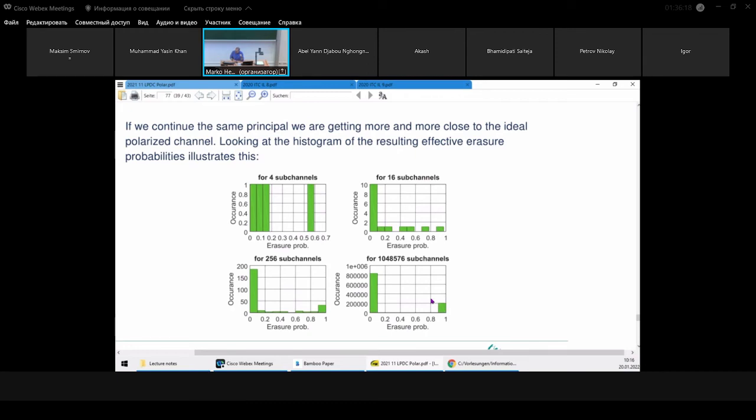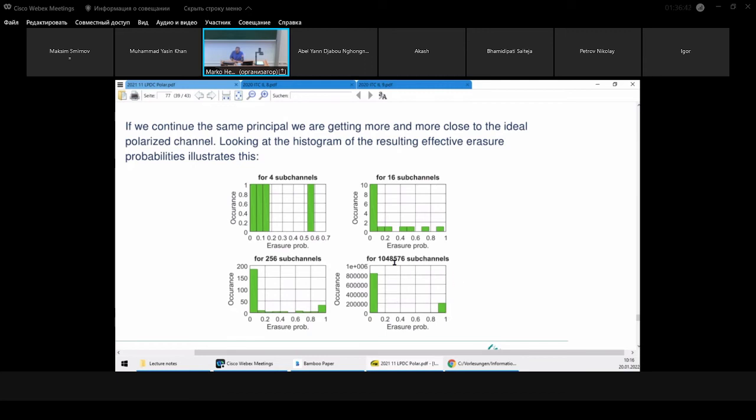And the fact that we get really bad channels here is due to the limited channel capacity. We cannot transmit everything completely error-free. If we have a binary symmetric erasure channel with a certain error probability, errors will occur, and that's the extreme case, the asymptotic case.